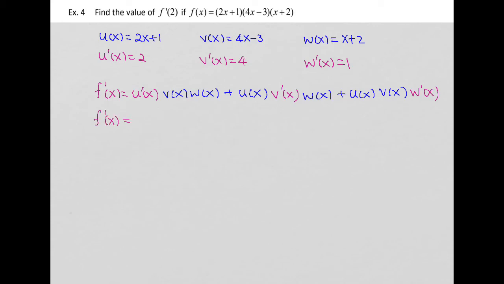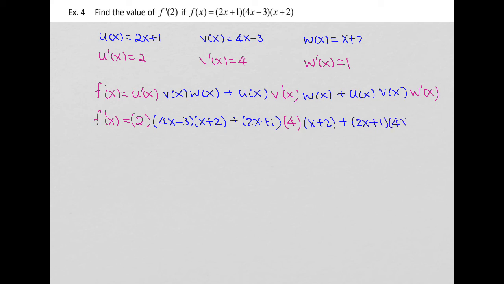So f prime x equals 2 times (4x minus 3) times (x plus 2), plus (2x plus 1) times 4 times (x plus 2), plus (2x plus 1) times (4x minus 3) times 1.